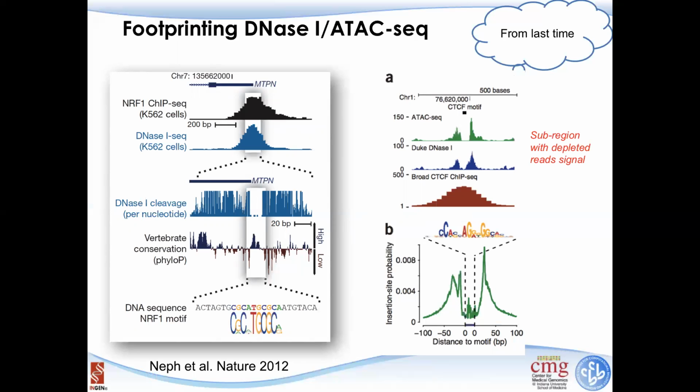Because a transcription factor may be binding here and block those sequences from being cleaved. So we also want to know which transcription factors are binding here. But how can we know which transcription factor is there? We can use information like a motif logo, and then map it to this area to scan the sequence and see which motif matches the sequence here.